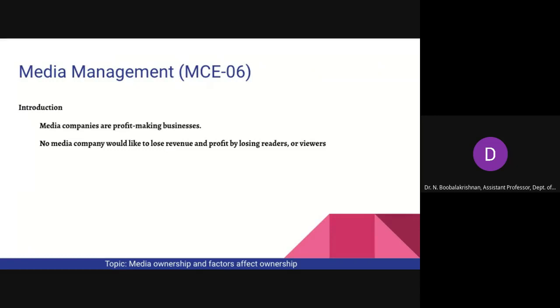So when coming to the media business, it's a profit-making business. So the media person should not offend or upset the readers or viewers, and no media company would like to lose its revenue and profit by losing its readers or viewers because they were offended by extreme views. That is the difference between all other products and the media product, which we call media content.